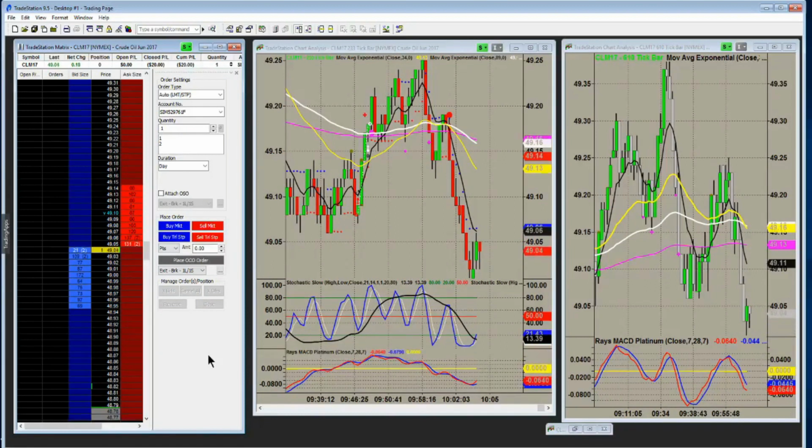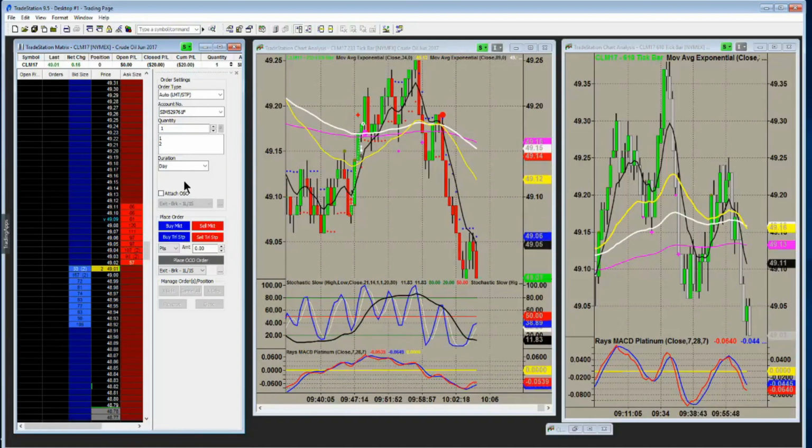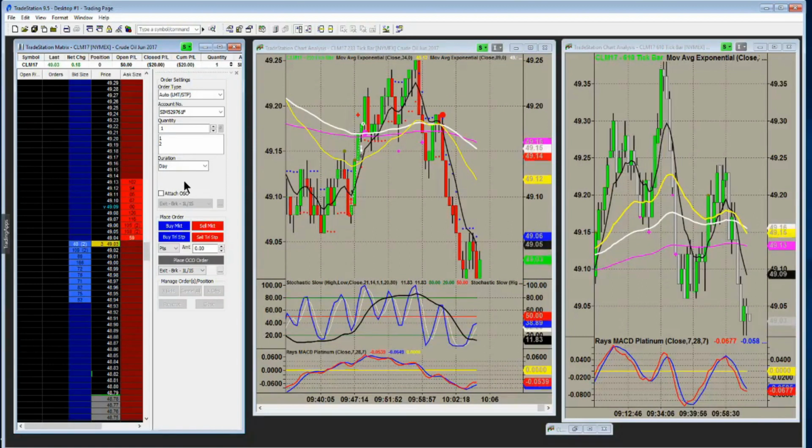But the reason we have been following crude on an average day, crude currently has a range of about $1.40. That is 1,400 contracts. That's a lot of movement, and that's the reason we follow crude.